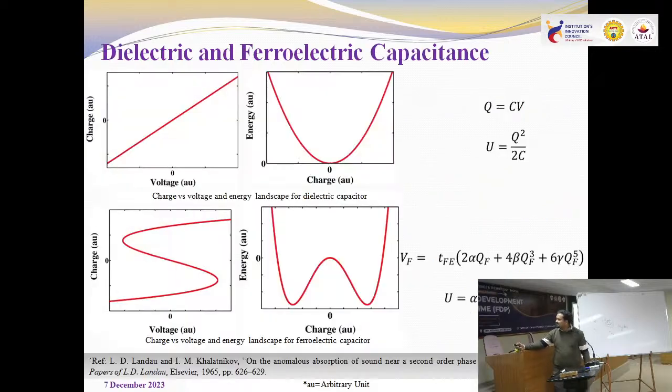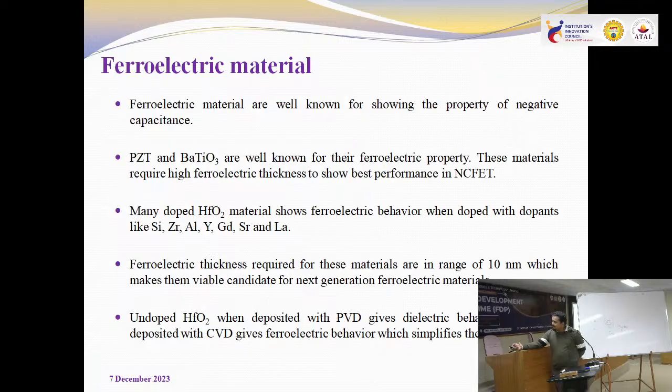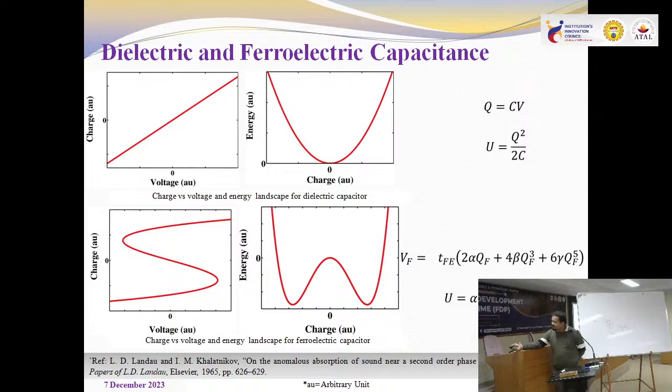Now, this is the thing which I think some part of it I have already touched in yesterday's lecture. Because here I am discussing ferroelectric material, I need to discuss how ferroelectric material is different from the dielectric material. Now, we see here, this first curve is charge versus voltage.